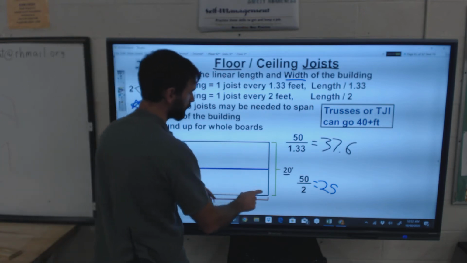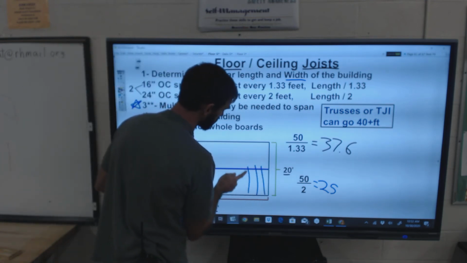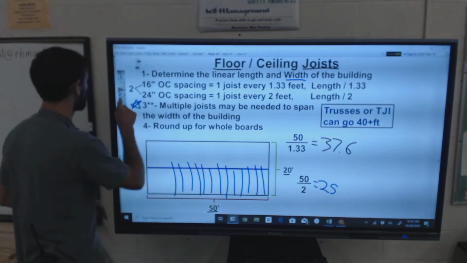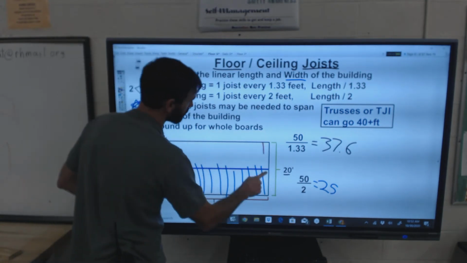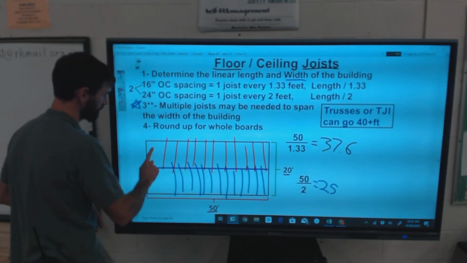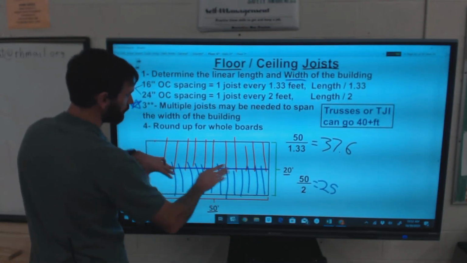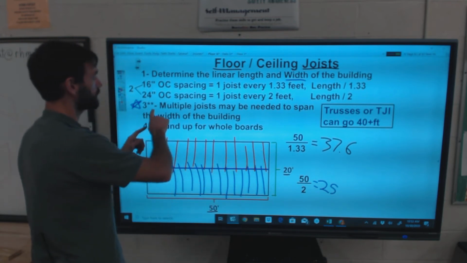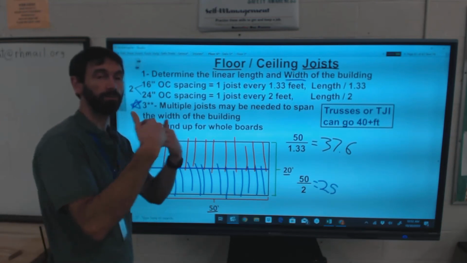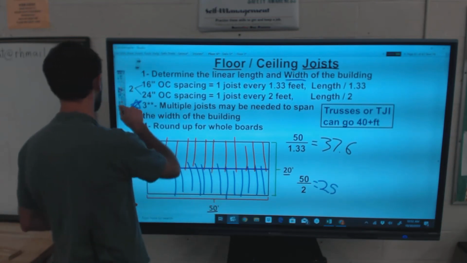In our case, we're going to have 1 set of joists running this way, just like this. Then we're going to have another set of joists running down this way, like so. So you're going to have 2 sets of joists. So when you have multiple sets of joists, then you come back and you multiply by however many sets of joists you need.